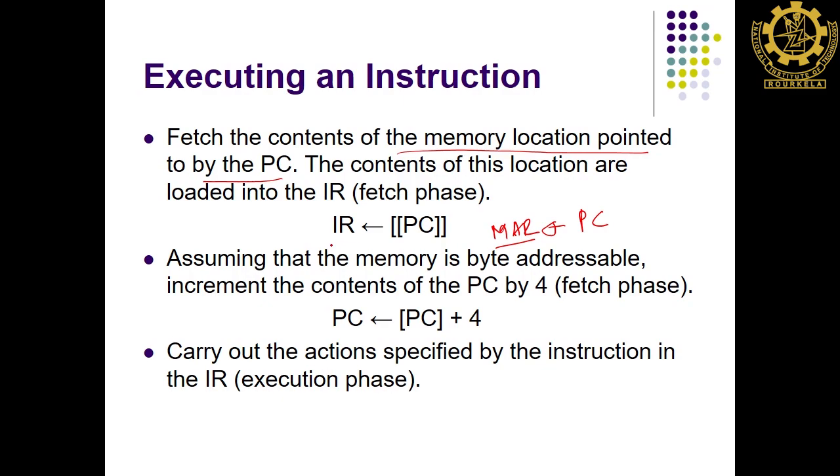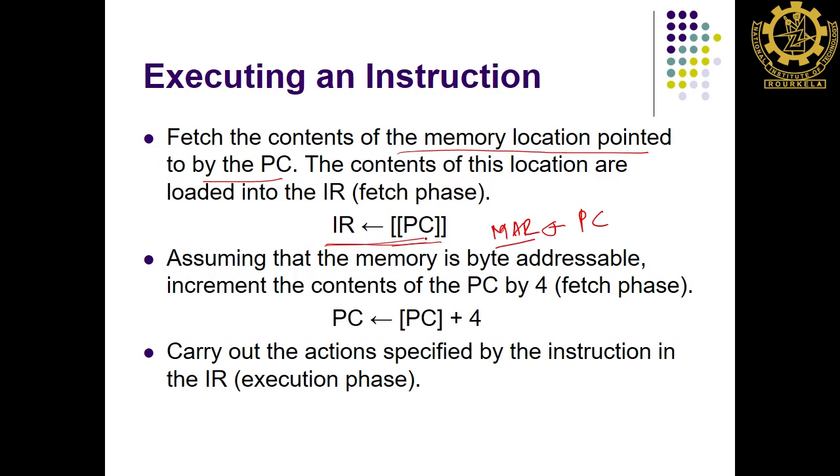In total, it is written that IR will be filled with the value pointed to by the program counter. Now, as I said, the program counter always points to the instruction which will be executed next.